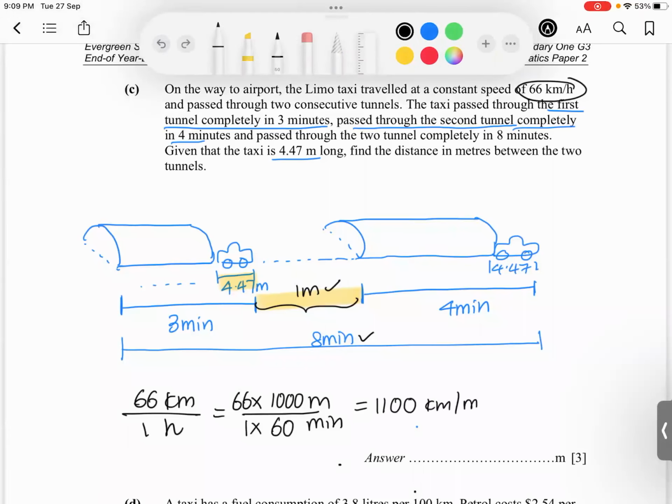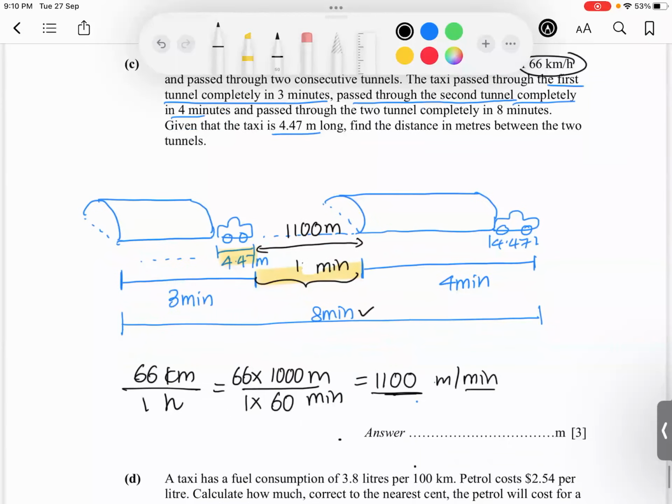So within 1 minute itself, what is the distance that I travel? This one is 1,100 meters per minute, right? So times 1, this distance over here will be 1,100 meters. Not kilometer, meter. Then add the 4.47.